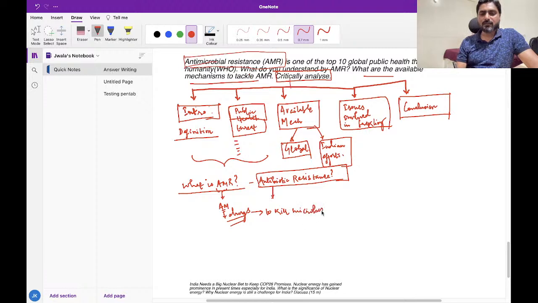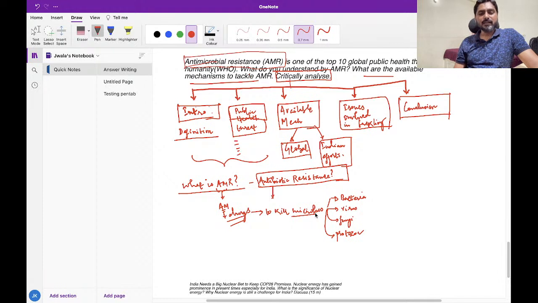Broadly we classify microbes as your bacteria, virus, fungi, and protozoa. So medicines which are designed to kill the microbes are called antimicrobials.